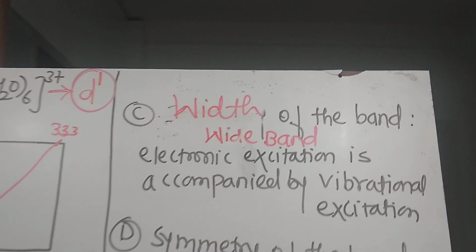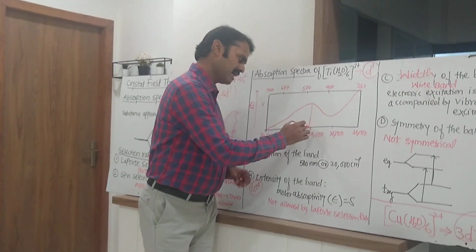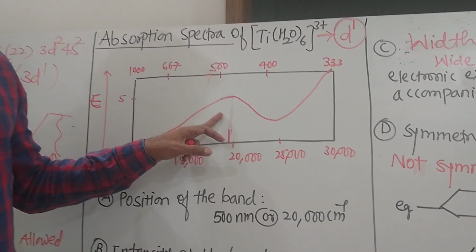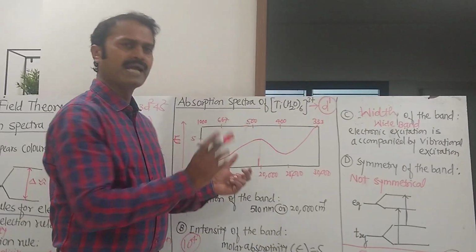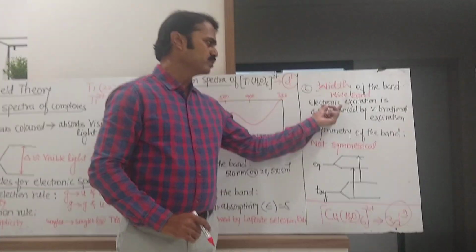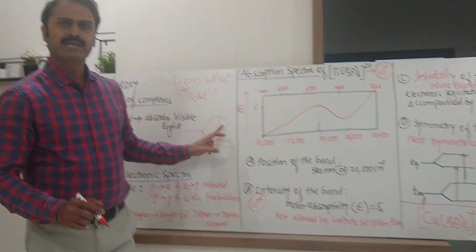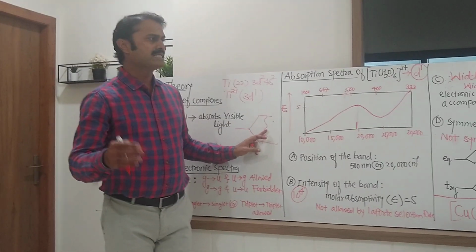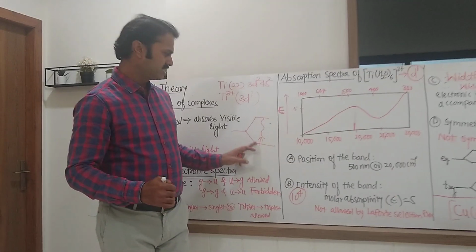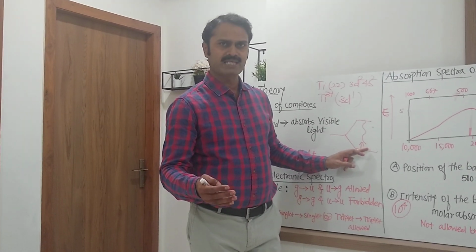And third point is width of the band. As absorption takes place, the band should be sharp. But we can see that the band is not sharp. It is a broad band, a wide band. This wide band is due to the fact that this electronic transition is accompanied by vibrational excitation.